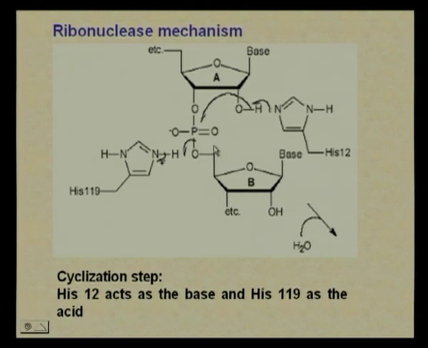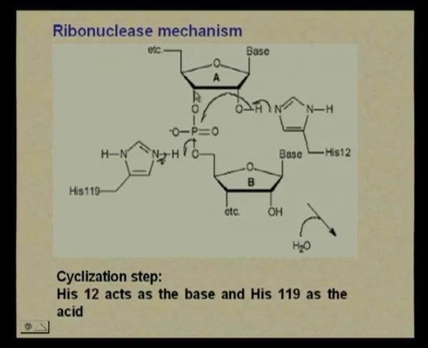The two catalytic residues are histidine 12 and histidine 119. In the first step, histidine 12 acts as the base. It abstracts the proton from the 2' OH of the ribose sugar ring of ring A, that is linked to ring B by the phosphodiester linkage.